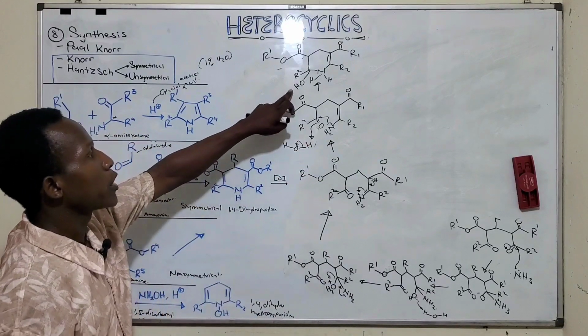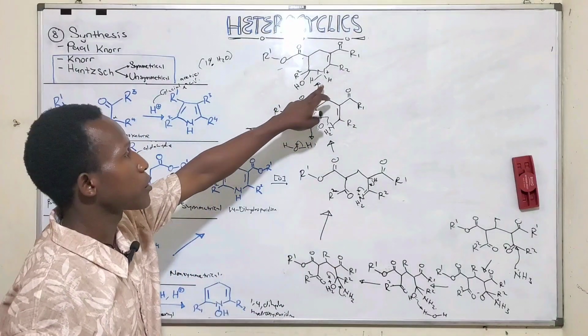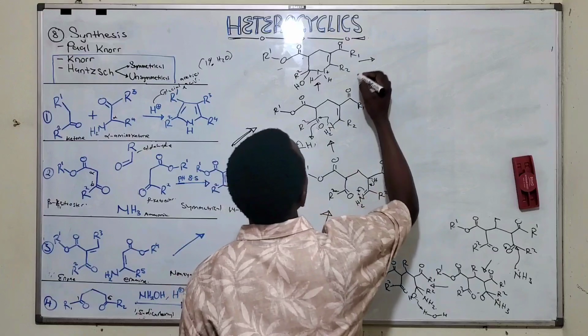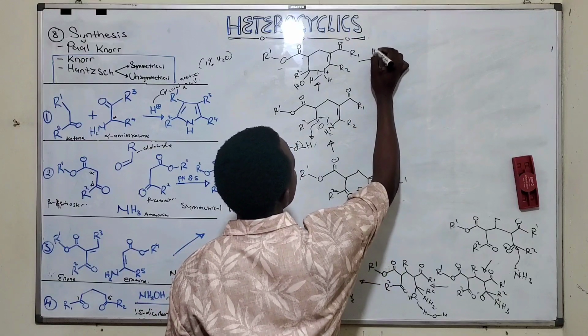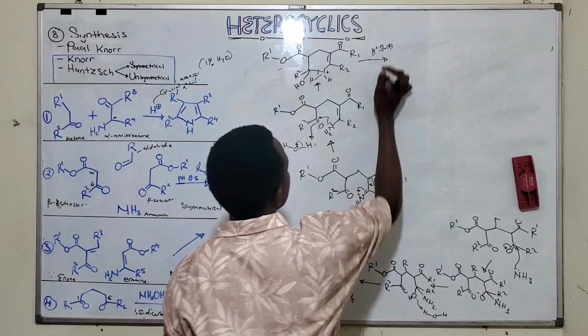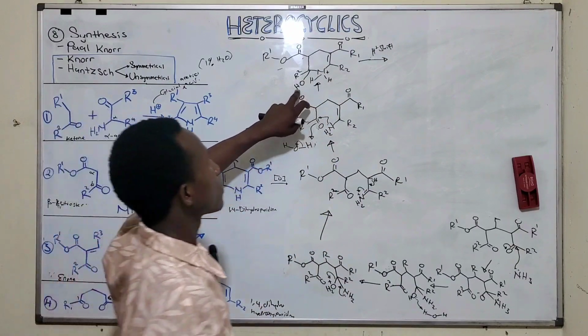So we're having OH, but this nitrogen is positively charged. So we have a proton shift. This hydrogen goes to the OH group.